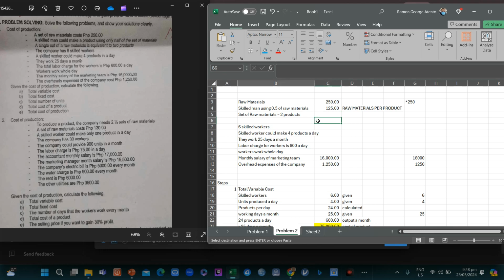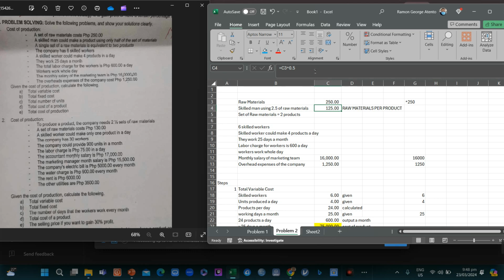Okay, so for problem 2, look at the given. To produce a product, the company needs 2.5 set of raw materials. In problem 1, we only needed 0.5 of the materials. Now we need 2.5 set of the materials.